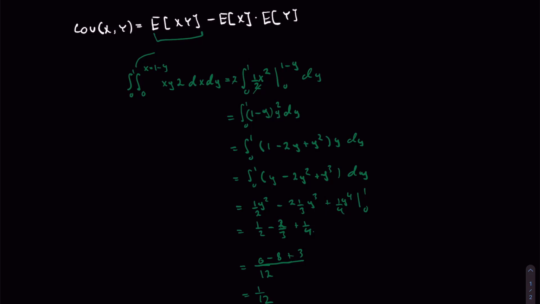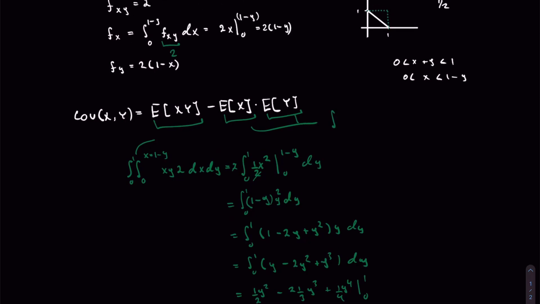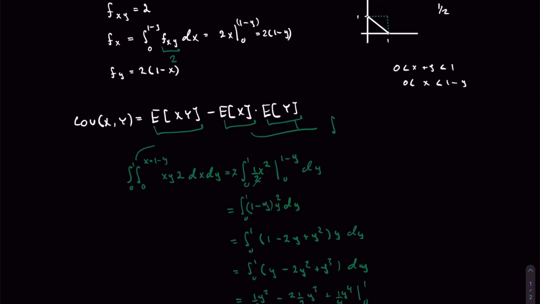So now we have that expectation here, and this will be equivalent for the other one. The expectation over x is now from 0 to 1, then we have x, and then 2(1 minus x).